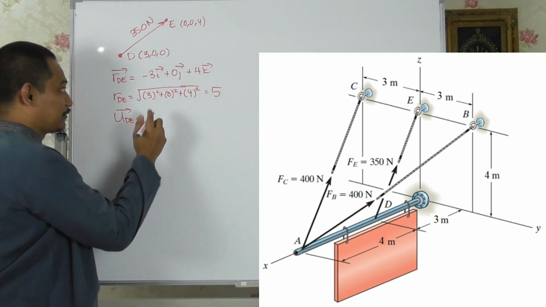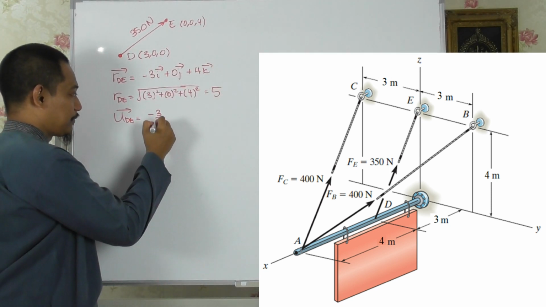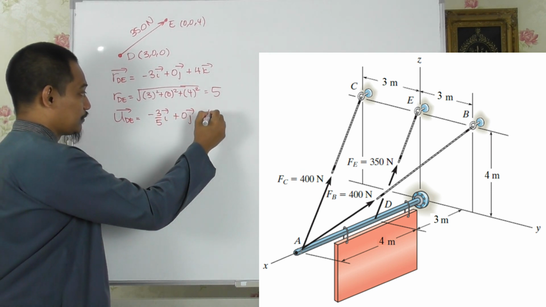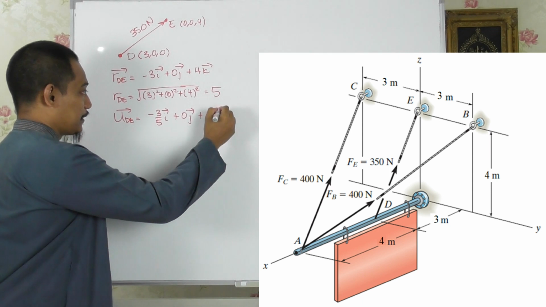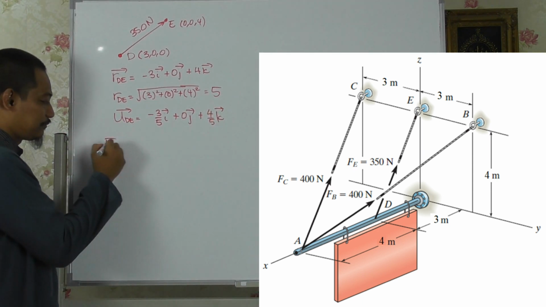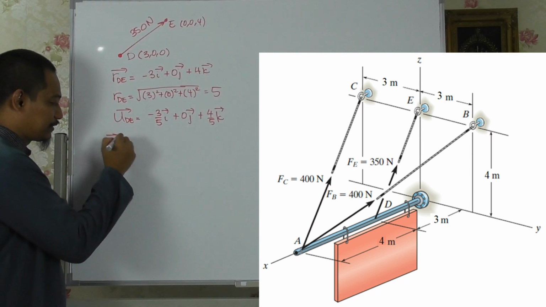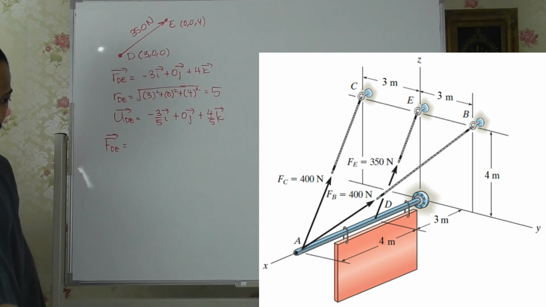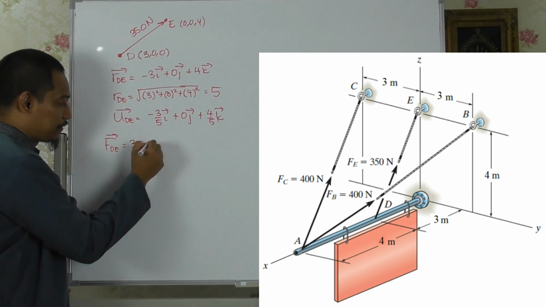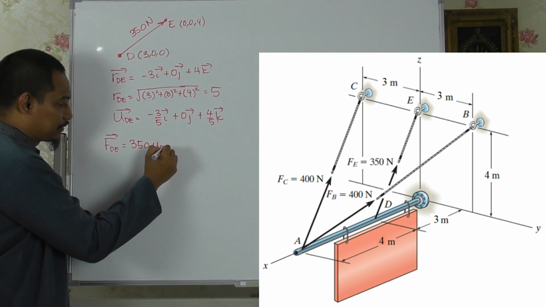So all of this divided by 5, you get minus 3 over 5 I plus 0 J plus 4 over 5 K. That's the unit vector. Now what is the force? So FDE vector, or Fe, the original question gives, is just 350 multiplied by the unit vector of DE.